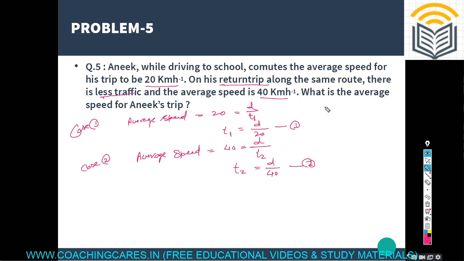So now we have to calculate the average speed of Anik's whole trip. Average speed of Anik's trip is equal to total distance divided by total time taken.